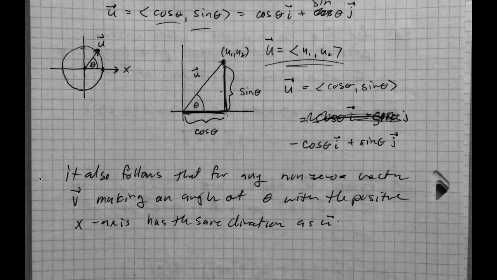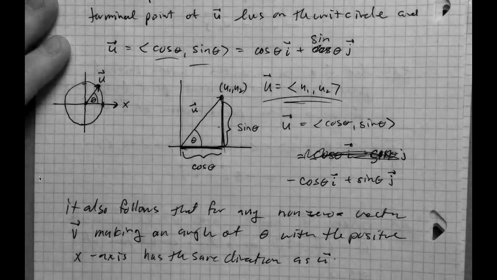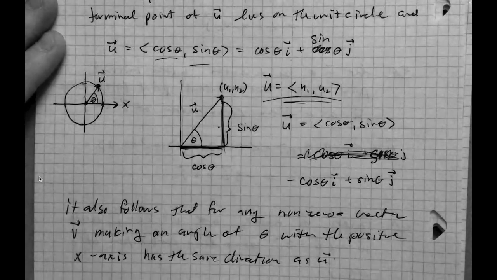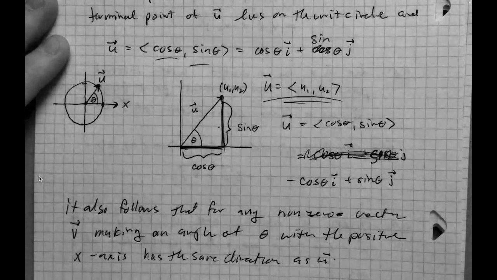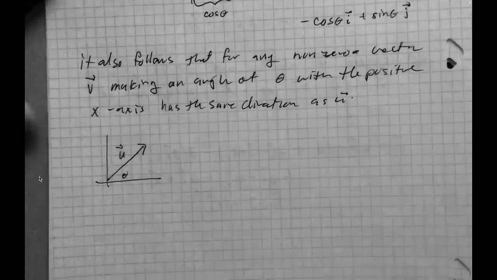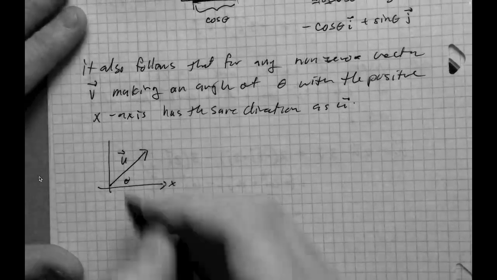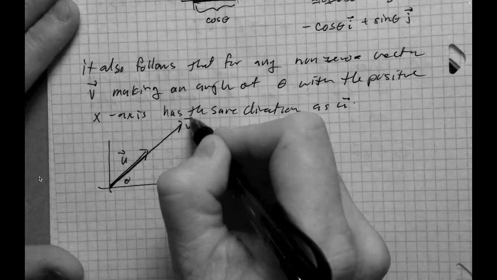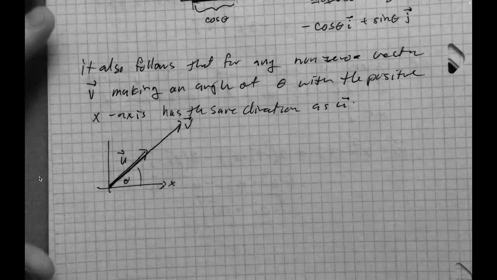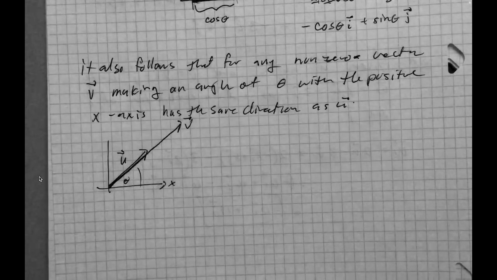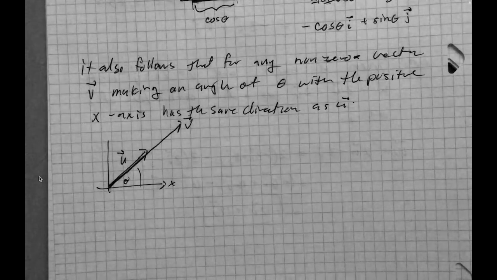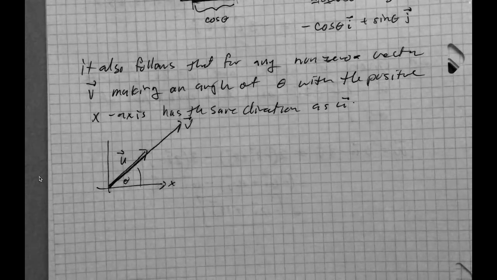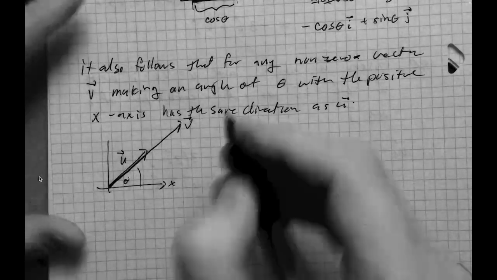Basically what we're saying is that if you've got your u and it makes an angle theta with the x-axis, then any other vector v that sweeps out the same angle is going to have the same direction as u, right? That's just kind of basic.